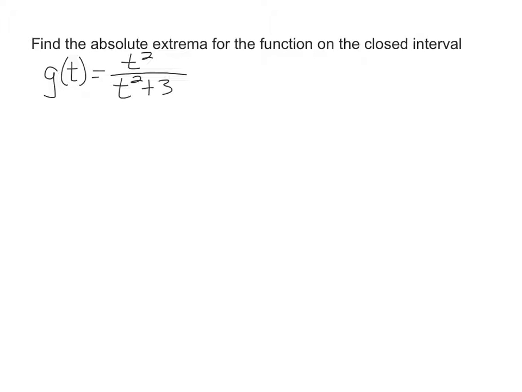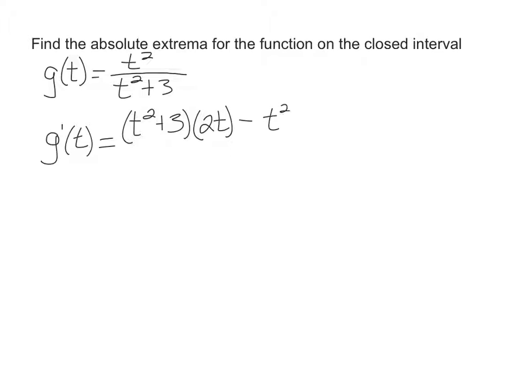So when we find the derivative of this, you will get g prime of t equals t squared plus 3, that's the denominator, times the derivative of the numerator, minus the numerator times the derivative of the denominator, all over the denominator squared.